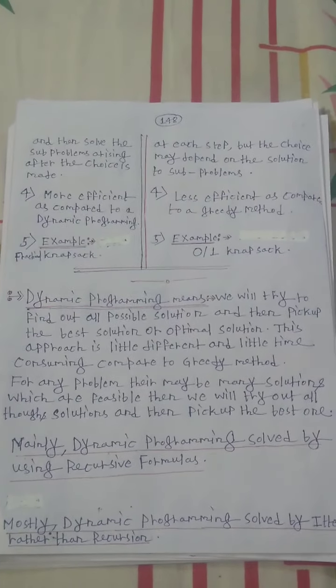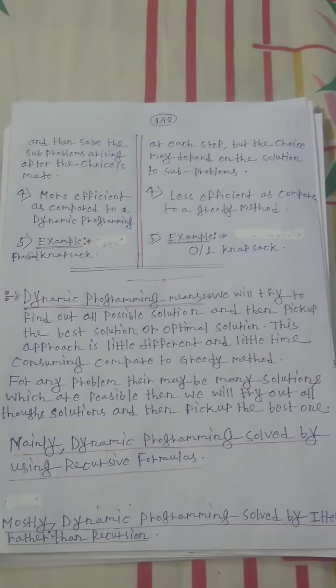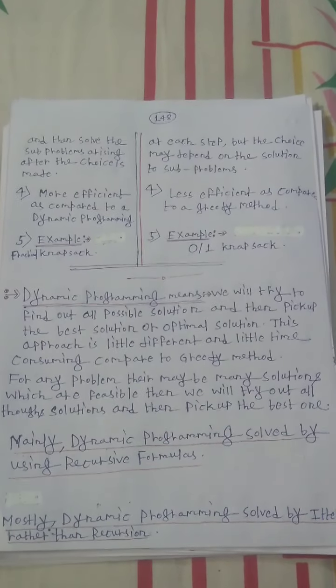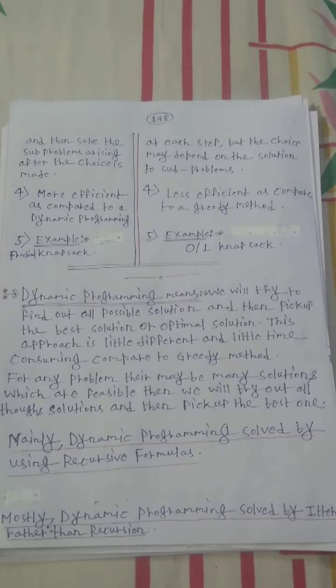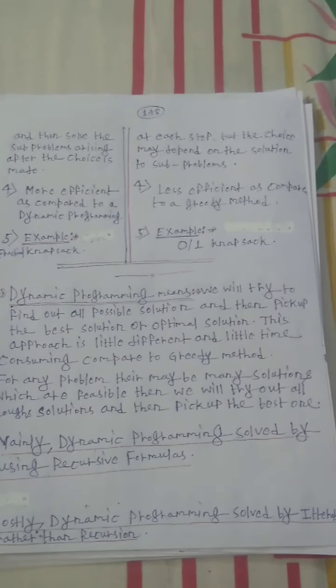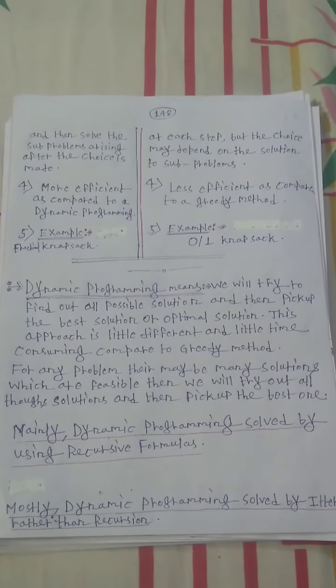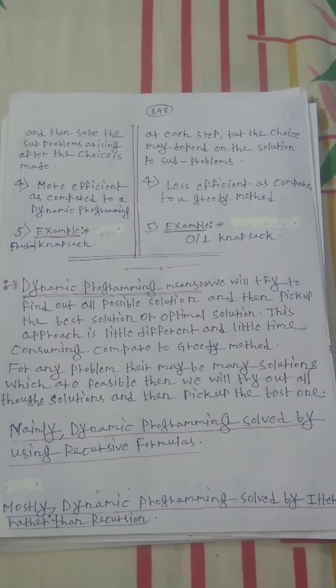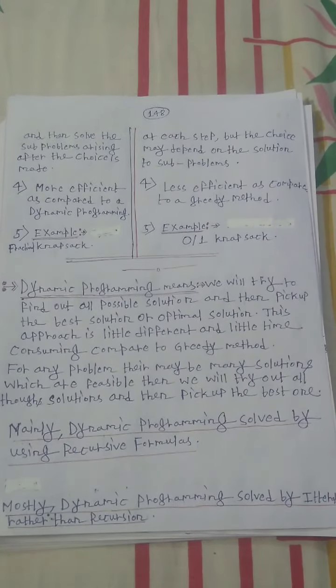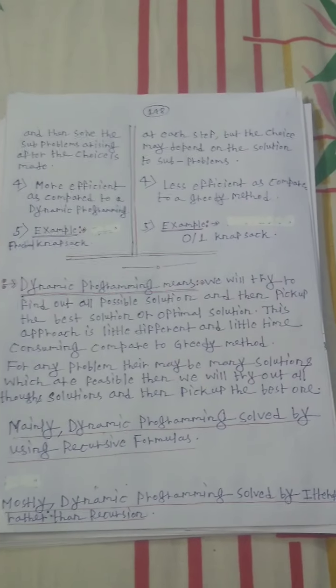The next point is that the greedy method is more efficient as compared to dynamic programming, and dynamic programming is less efficient as compared to the greedy method. The example of the greedy method is fractional knapsack, and 0/1 knapsack is the example for dynamic programming.